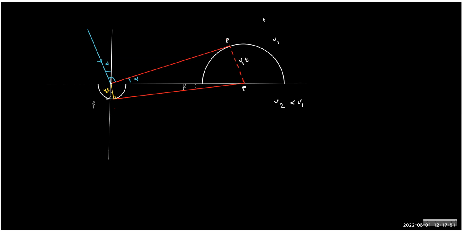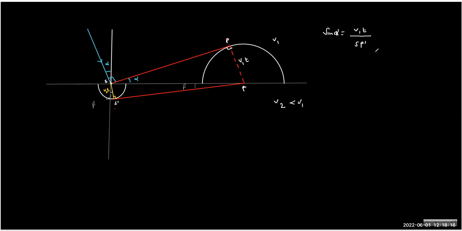And using the simple triangle, the trigonometry, you can say sin alpha equals the perpendicular upon hypotenuse, which is v1t upon, let's call it, no, this is P dash. This is S dash. So v1t upon SP dash.